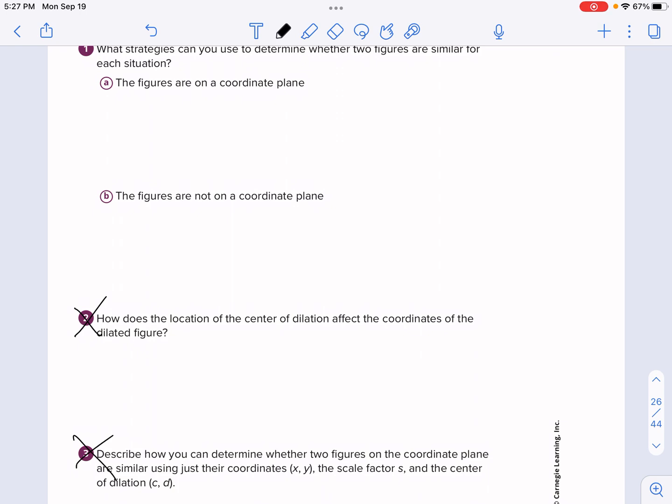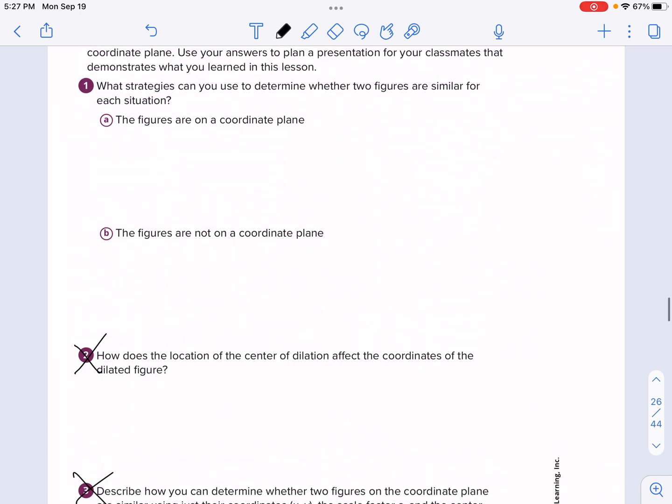So it depends, but for this, we can say multiply the coordinates by a scale factor. That's where we multiplied the coordinates.